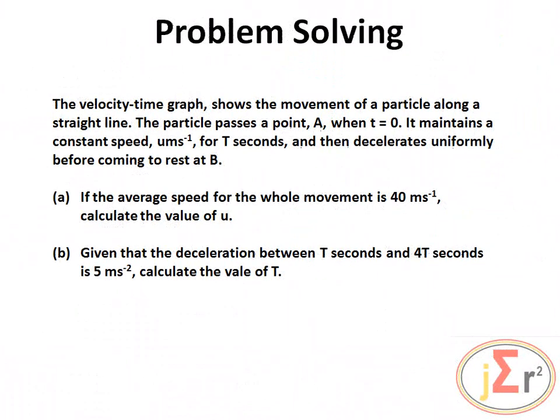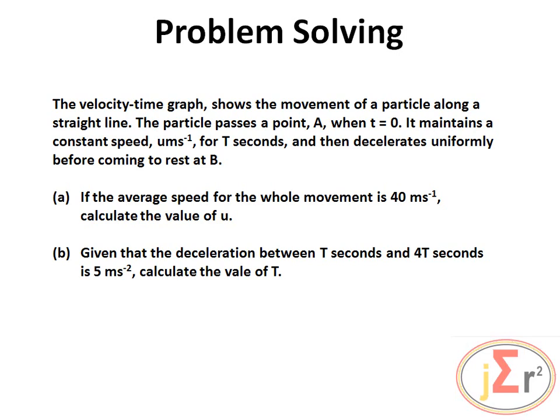And finally, we have a problem with a very short statement, but it deserves some serious consideration because of its algebraic nature. The velocity time graph shows the movement of a particle along a straight line.